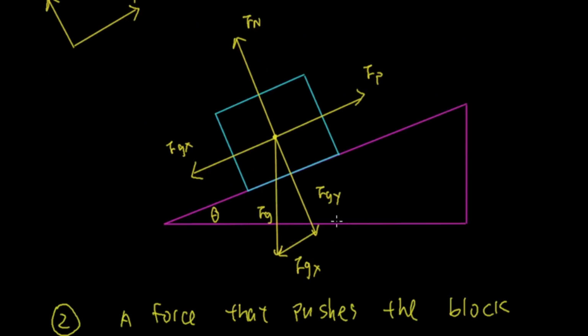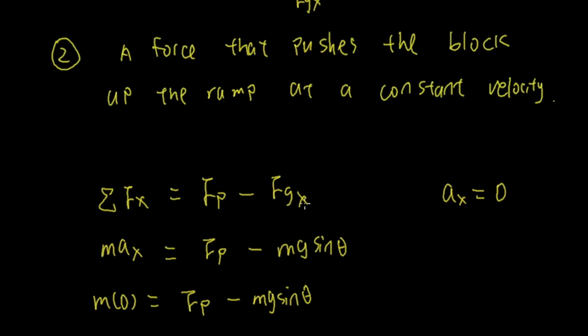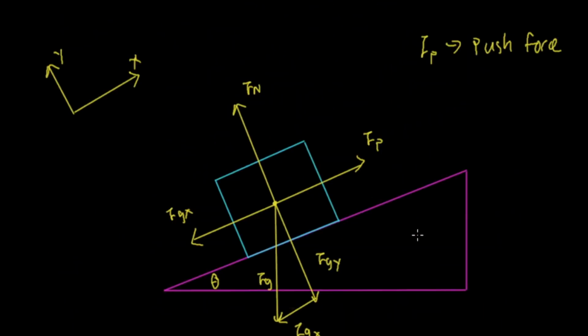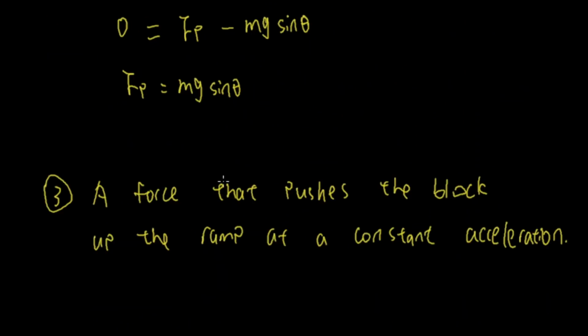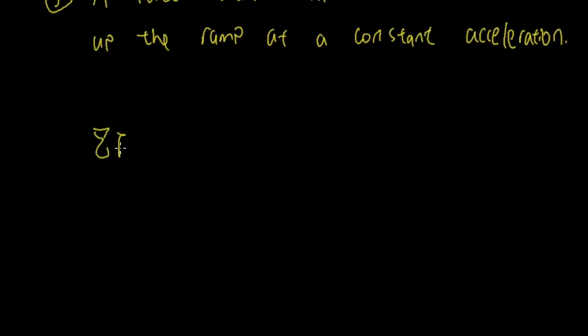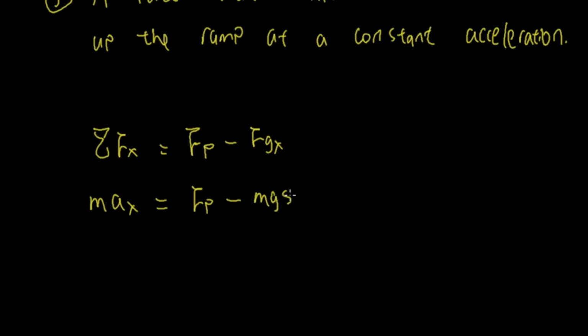Same diagram. Now, even the equation in the x direction is still the same, right? Again, the block does not go up and down in the y direction, so we don't have to look at that. Just look at the forces in the x direction. Same thing. It's the push force minus the force of gravity in the x direction. Sum of all the forces in the x direction is equal to the push force minus the force of gravity in the x direction. Again, right, the formula is mass times acceleration in the x direction equals the push force minus, same thing here, right? That's equal to mg sine theta.